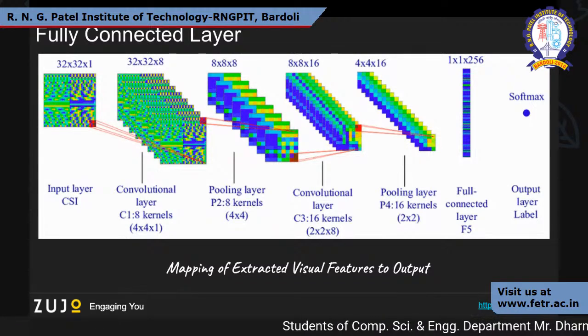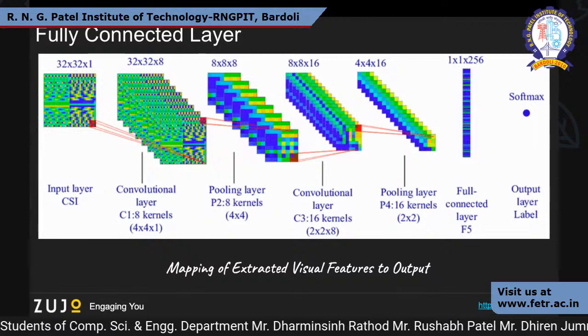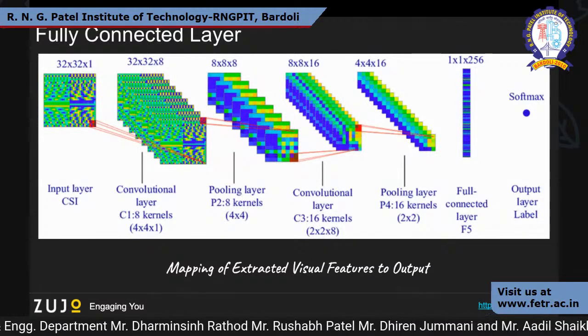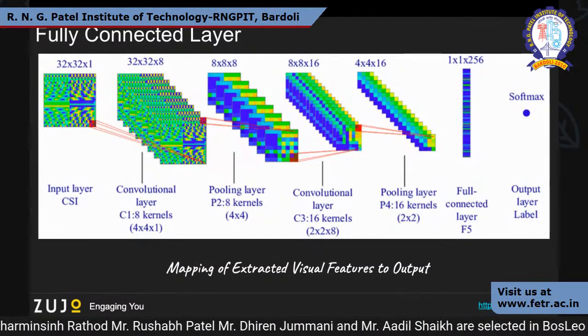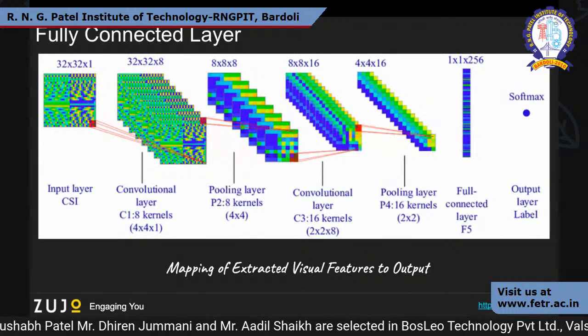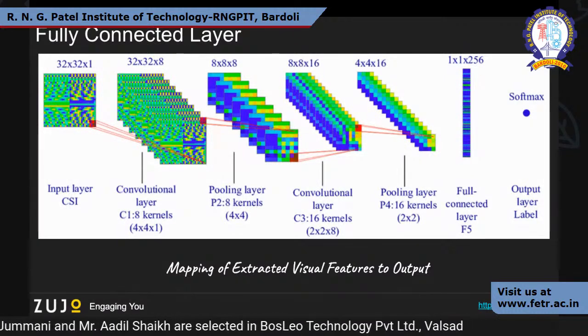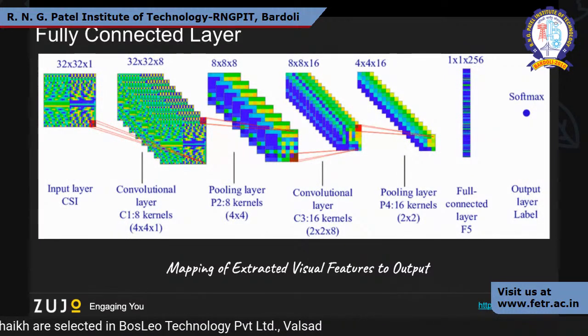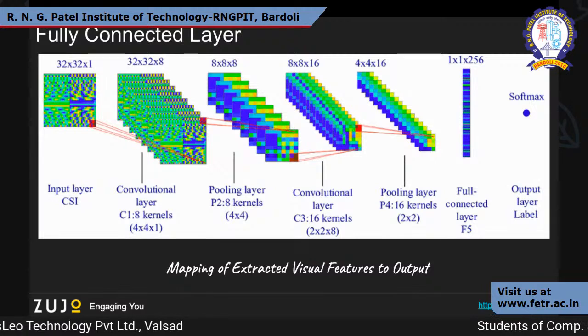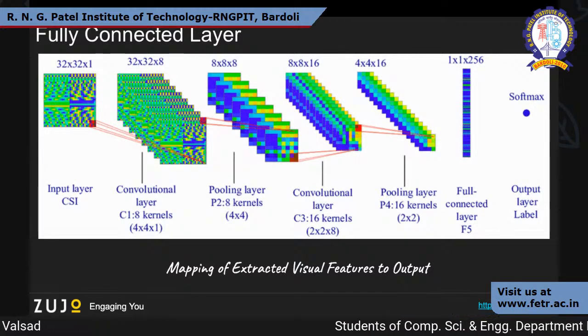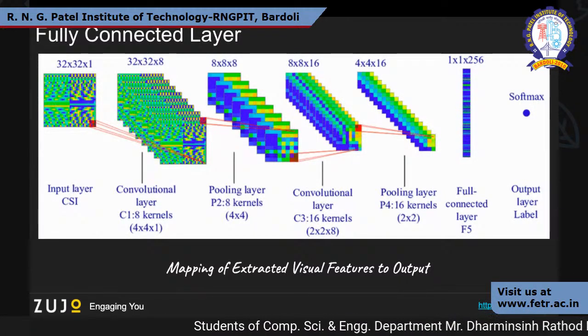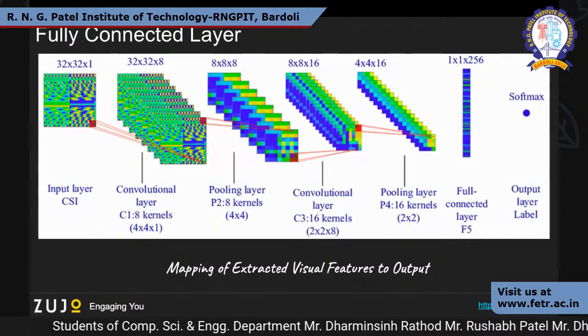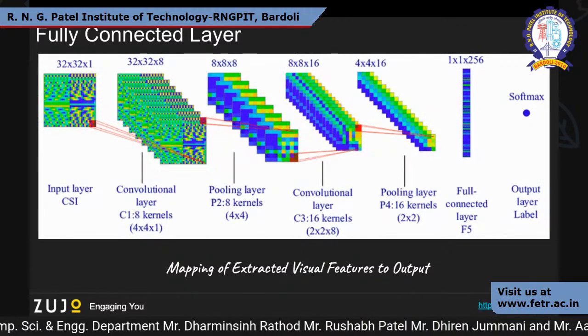We are converting that data into probability. That is what the fully connected layer does: it converts your high dimensional data into a single dimension, which can directly be converted into the output, right?